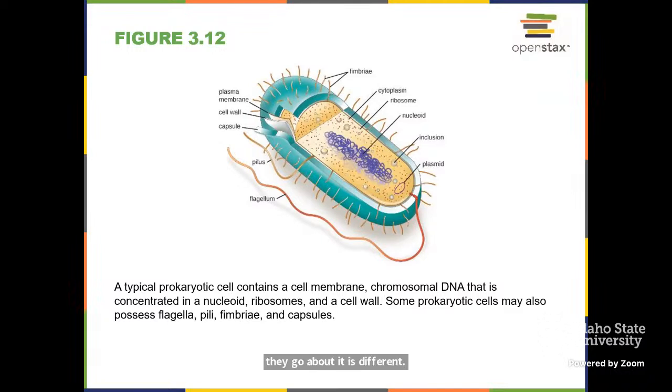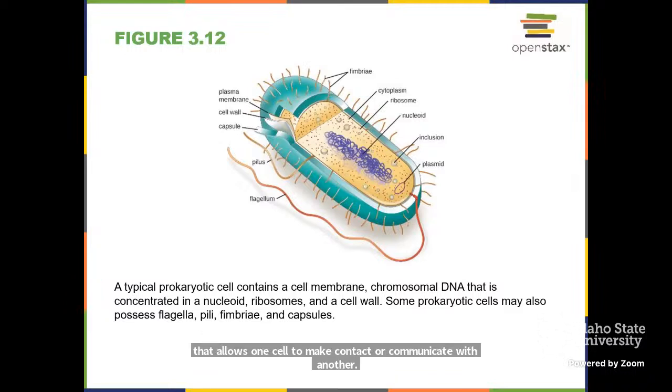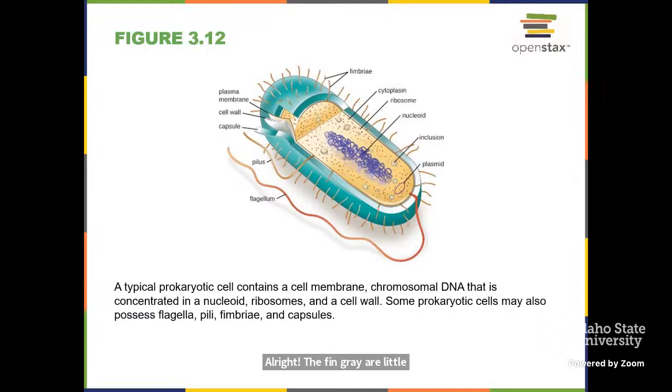So some of them also have pili. This pilus right here could be something coded for by a plasmid that allows one cell to make contact or communicate with another. All right. The fimbriae are little shorter hair-like projections, not the same, but sort of like cilia when we think about some eukaryotic cells.